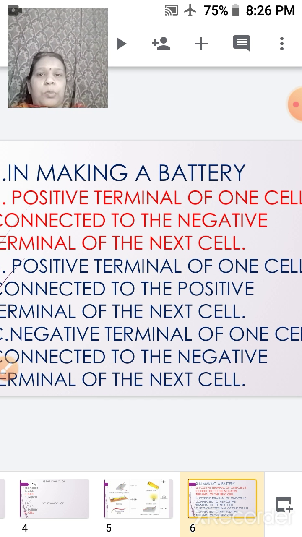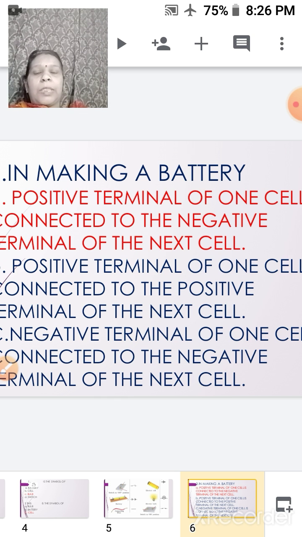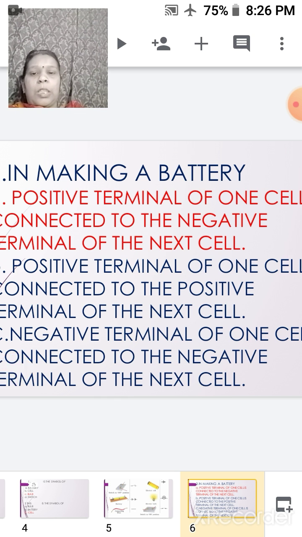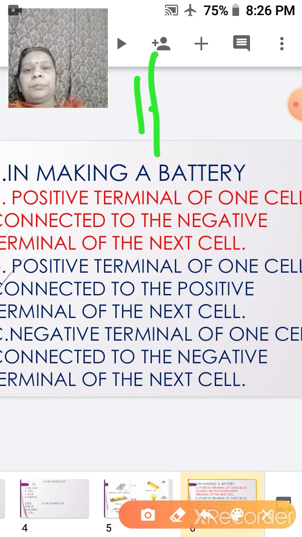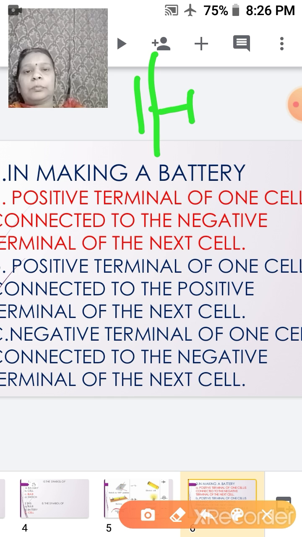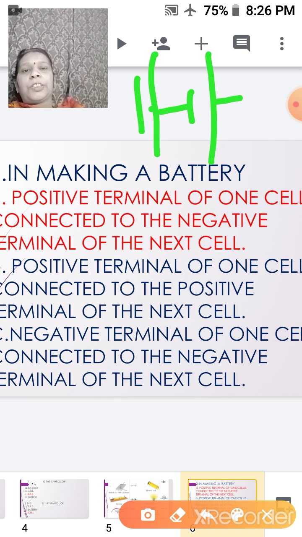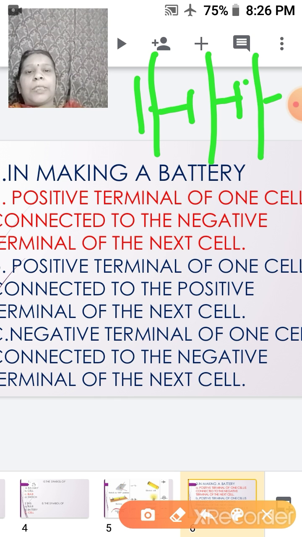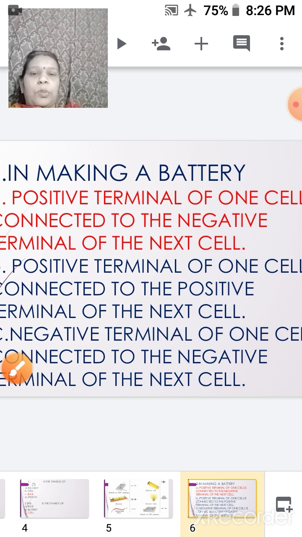For this one, the answer is always a positive is connected to a negative. Here you can see how the connection is done. Always a positive is connected to a negative, and this goes on.